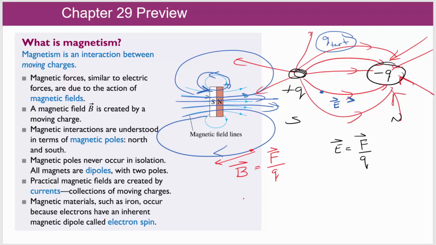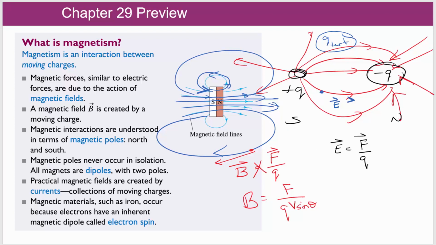The size of the magnetic field B is not simply the magnetic force per charge, but we also have to take into consideration the velocity. And the velocity we're looking for is the velocity that is perpendicular to the magnetic field. That would be v sine theta, where theta is the angle between the magnetic field vector and the velocity vector.